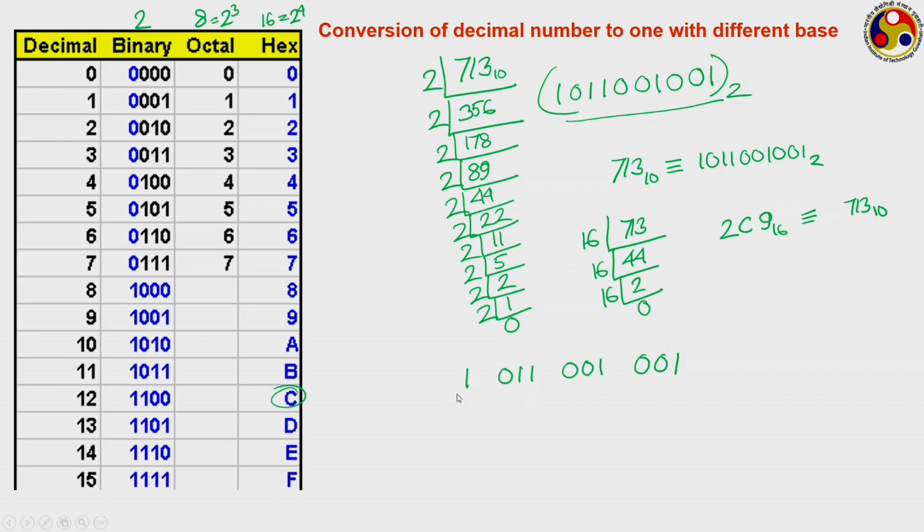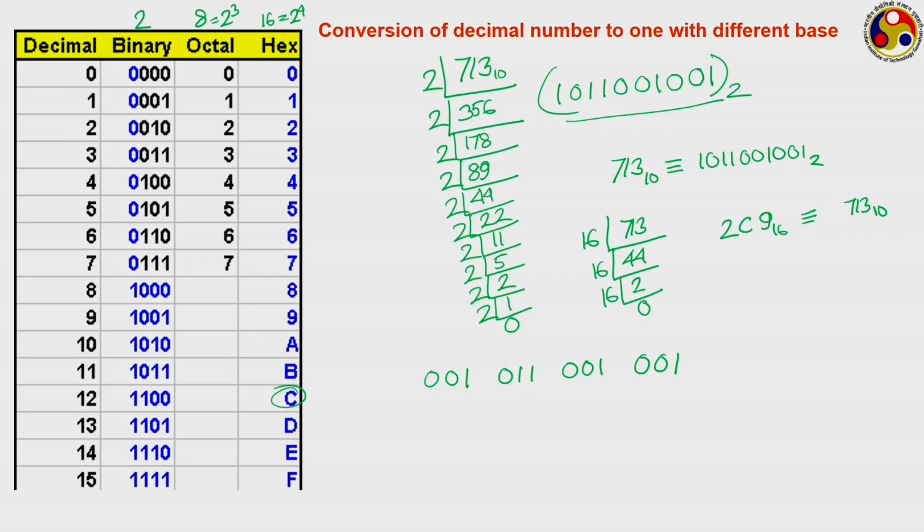But we need to have 3 digits in each group, so put leading zeros. We know that putting leading zeros will not alter the value. So it is the same binary number, but we have written it by keeping a space after every third digit.